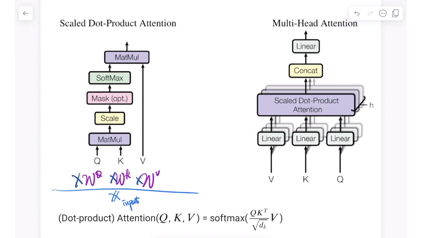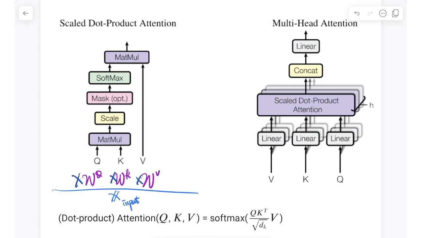And we have three different weights. So in this case, now we have three different latent spaces. These three different latent spaces may have different meanings, but they are from the input X.